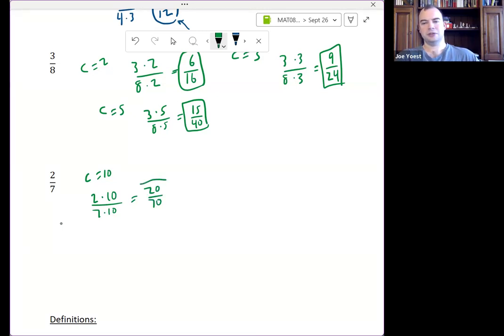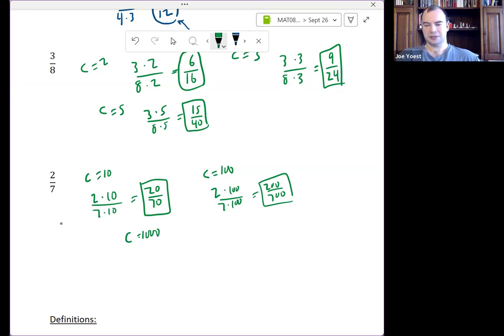So 2/7 equals 20/70ths. If c equals 100, those first two fractions are also equal to 200 divided by 700.